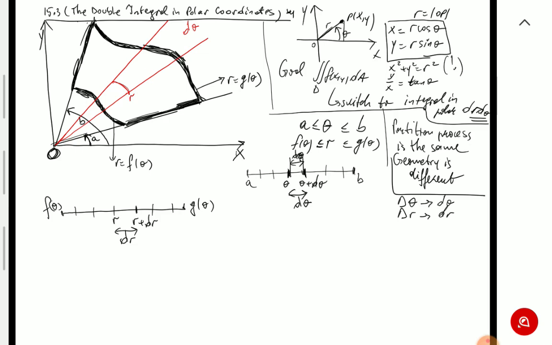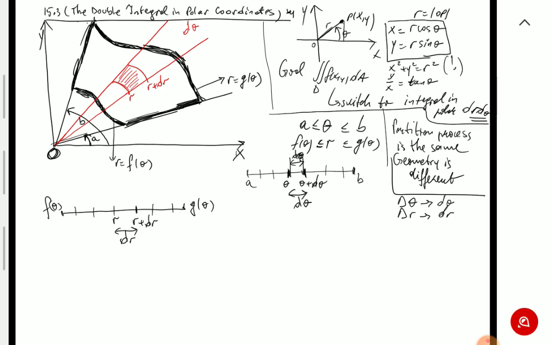And then a small change in r results in a nearby arc very close to this one with the radius r plus dr. So when we do the partition for this two-dimensional domain, by r and by theta, the non-overlapping patches that will cover the domain are going to be in this shape.